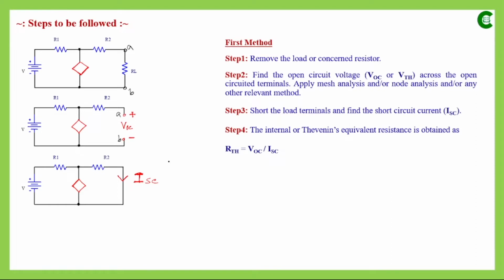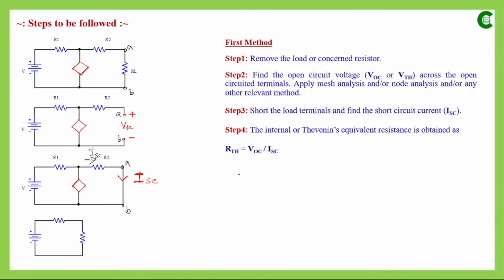As per this circuit, this current is the current flowing through the resistor R2, so that current will be flowing through the path between the AB terminals. After finding out this current value ISC, we will take the ratio of the VOC that we found in step 2 and the ISC that we found in step 3. This ratio will be the measurement of the Thevenin's equivalent resistance this time.